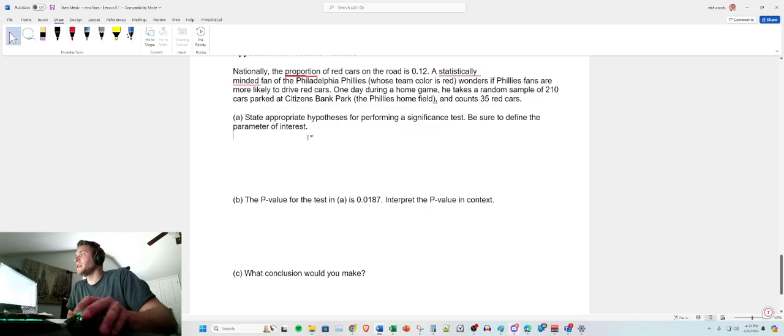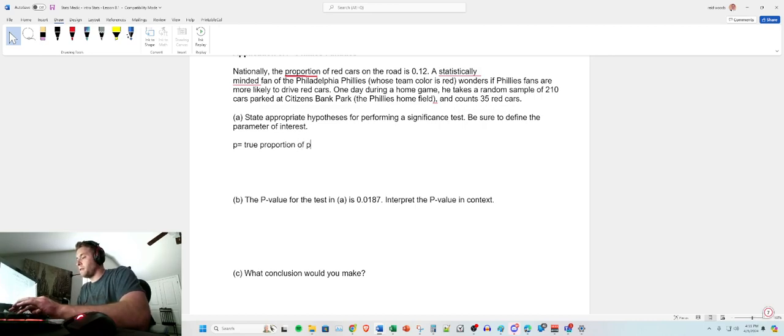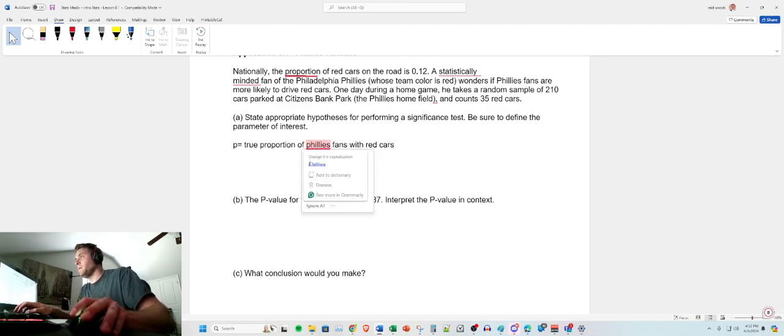Well, let's go ahead and on here, I'm going to type this. So P is our parameter before we write our hypothesis. So P is the true proportion of Phillies fans with red cars. And so we'll write this out.